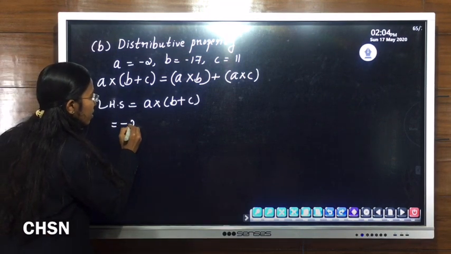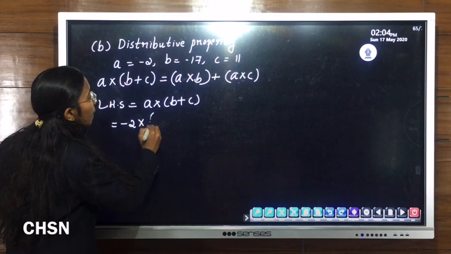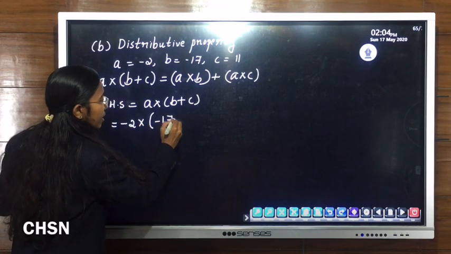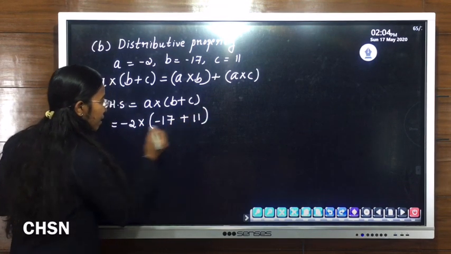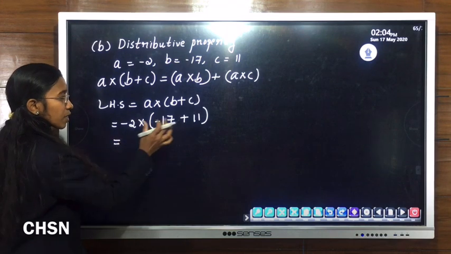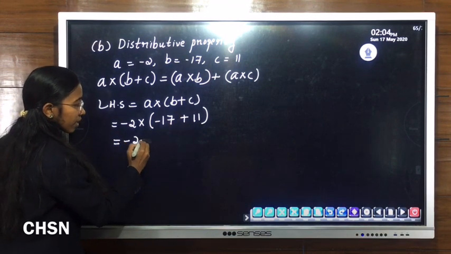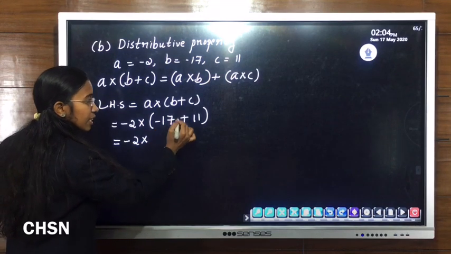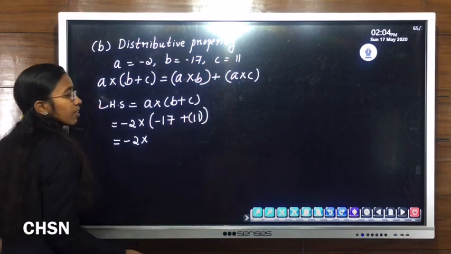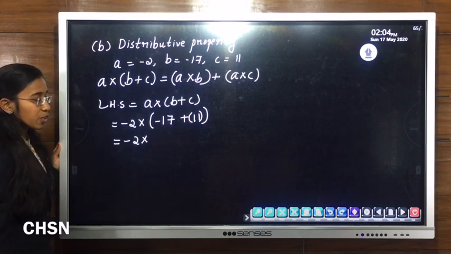That is minus 2 into minus 17 plus 11. So first we are doing the operation inside the bracket. So minus 2 into, what is minus 17 plus 11? One is negative and one is positive.